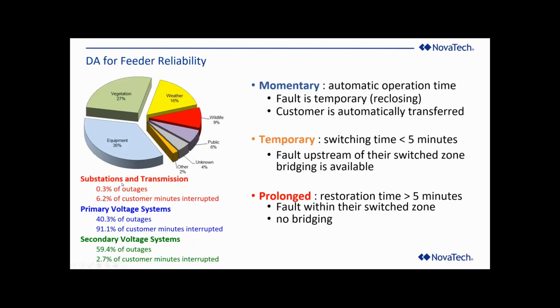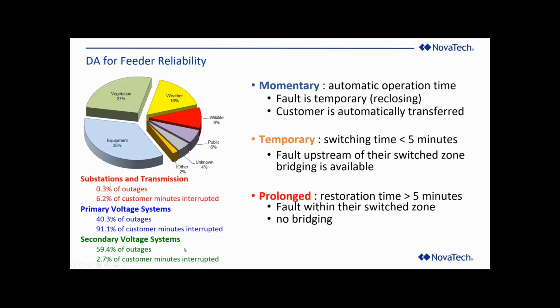When you take a look at the breakdown of where the faults actually occur, very, very few of the incidents will occur within the fence of the substation. Less than 1% of the outages actually occur inside the substation. But when they occur, they affect many, many customers. So that is one category.